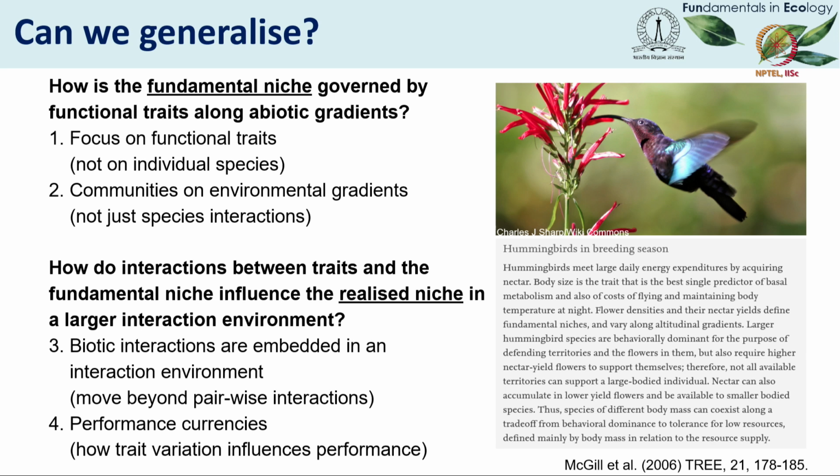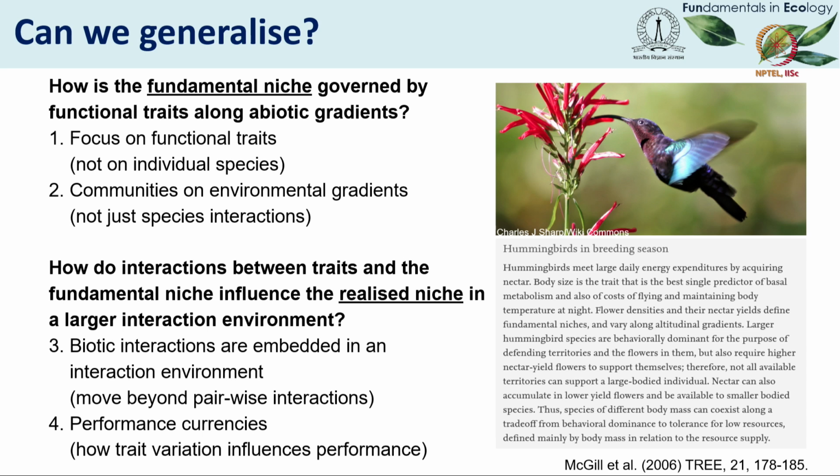It could potentially be found between 1000 and 1500 meters above sea level based on its traits. But because it is perhaps not as good a competitor relative to other species between 1000 and 1500 meters above sea level, it's not found there anymore.